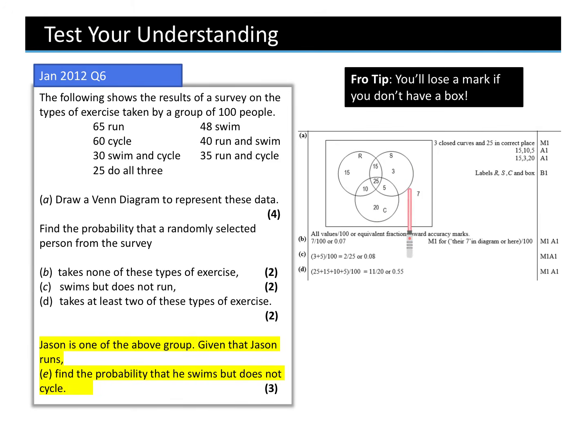Because where do they swim and not run is this whole section here. And then the last one, it says takes at least 2 types of these exercises. So we are going to have to add up, 15 take at least 2, 25 take at least 2, 10 people take at least 2, and 5 take at least 2, which is going to give us 55 over 100.